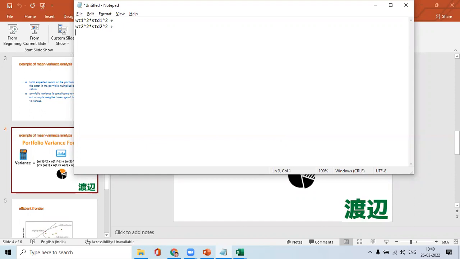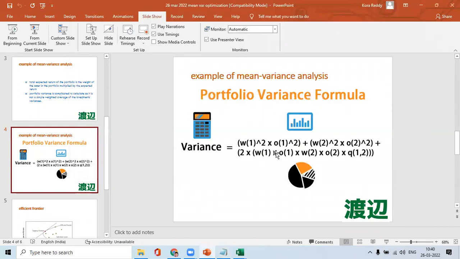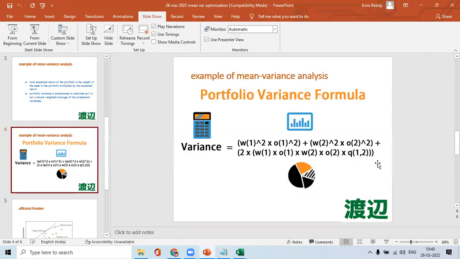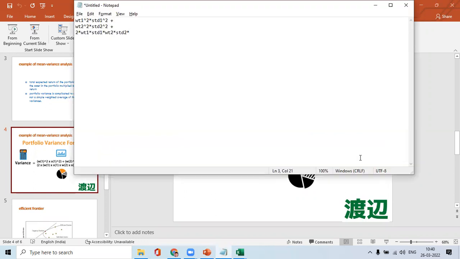And then 2 into weight 1 into the standard deviation of 1, into weight 2, into standard deviation 2, into this rho, which is basically the correlation between the two.